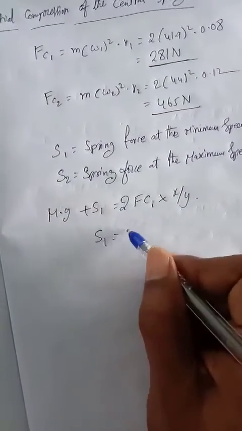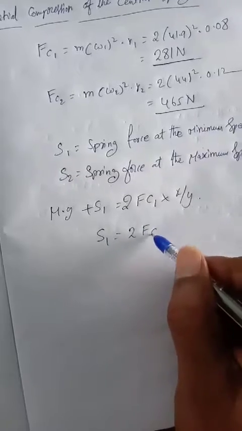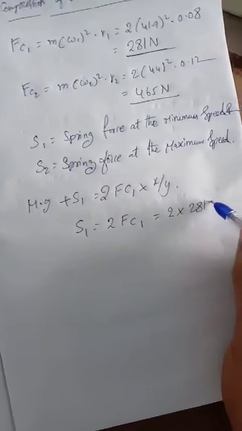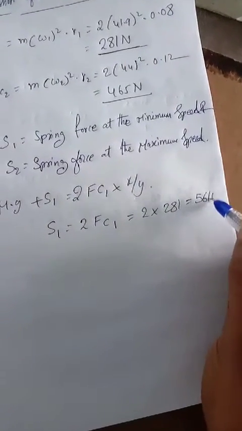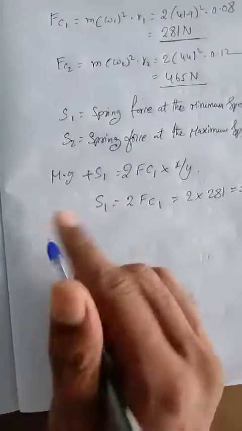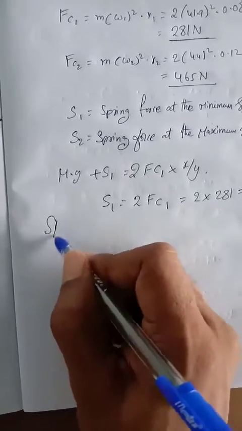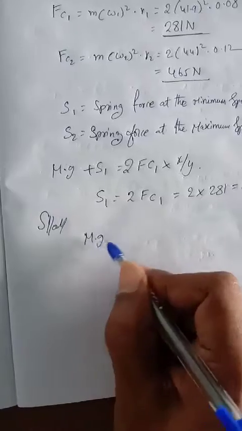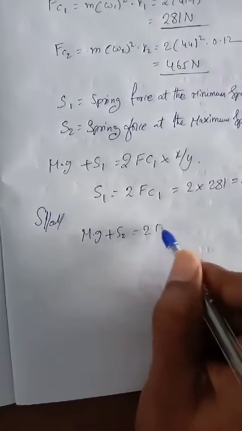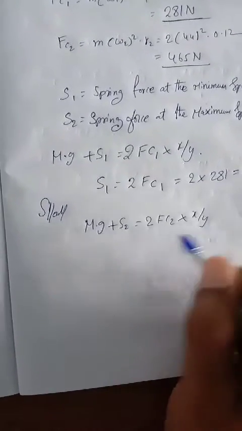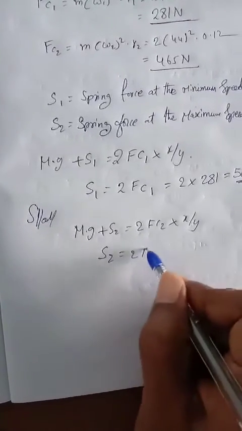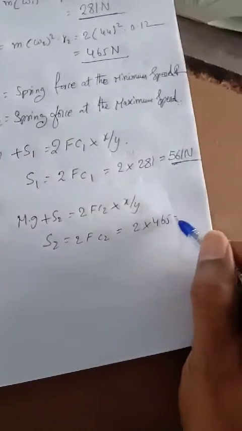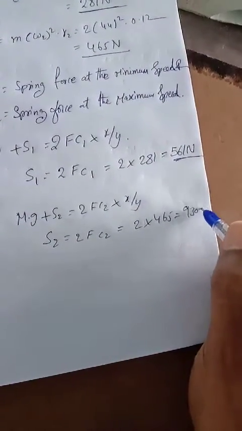So then S1 is equal to 2 into Fc1, so 2 into 281, that is equal to 562 newtons. Similarly, for the maximum position, S2 is equal to Fc2 into x by y. Then S2 is equal to 2 Fc2, here 2 into 465. So that will come 930 newtons.